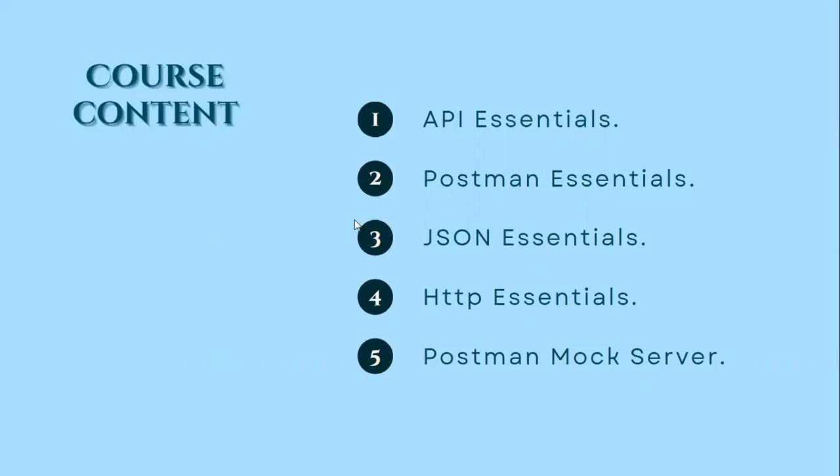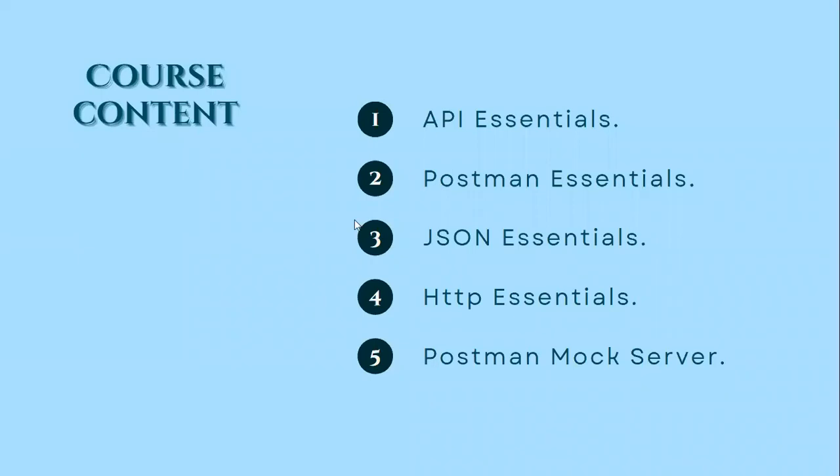After completing the API essentials, we are jumping into the Postman essentials. I've already explained that first we are starting with the manual approach, so for the manual approach we are learning the Postman tool completely.